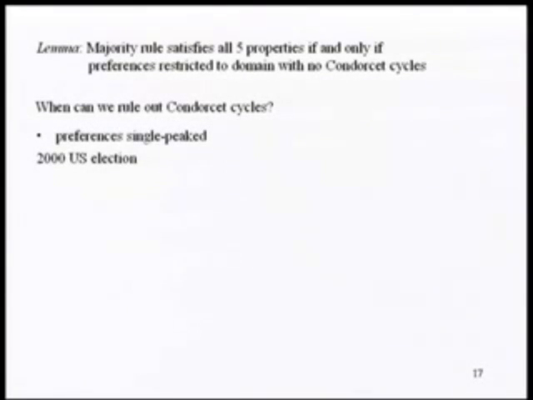Or, for example, let's think of the 2000 US election, where, as I already mentioned, the 3 candidates who got most of the attention were Gore, Bush, and Nader. Well, we can think of Nader as being the left-wing candidate, Bush as being the right-wing candidate. Actually, there was an even more right-wing candidate that year, Pat Buchanan, so we could add him to this picture. And then Gore was somewhere in the middle.